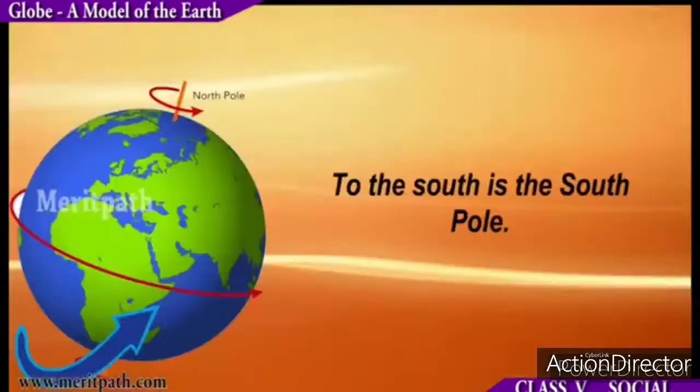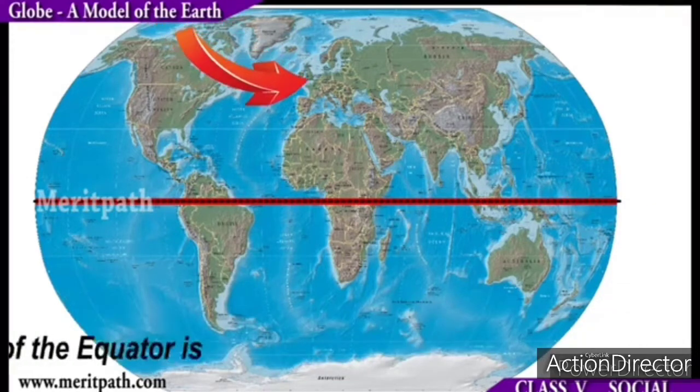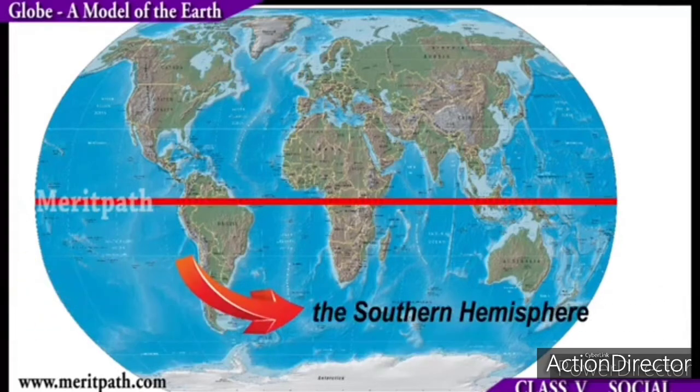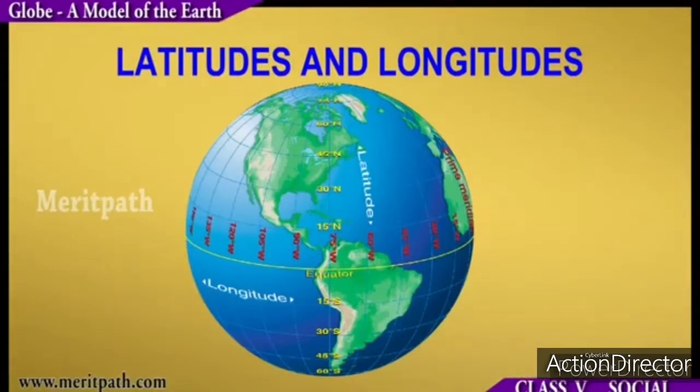Hemi means half, so a hemisphere is half of the sphere. This is the equator. The northern half of the equator is known as the northern hemisphere, whereas the southern half of the equator is known as the southern hemisphere.